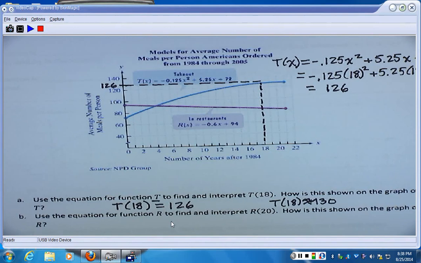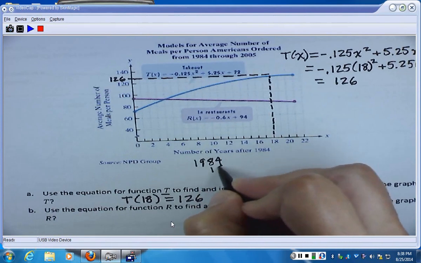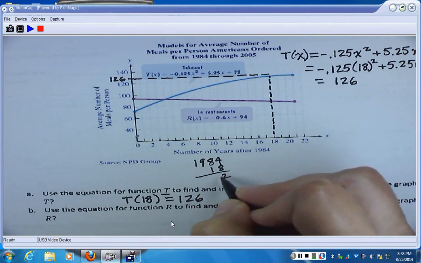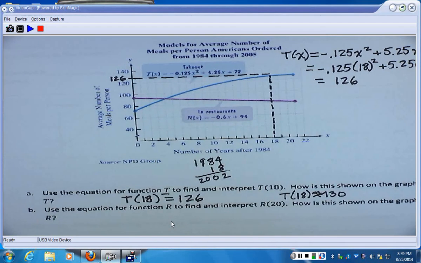So, what does t of 18 mean? 18 years after 1984. So 1984 plus 18 is the year 2002.